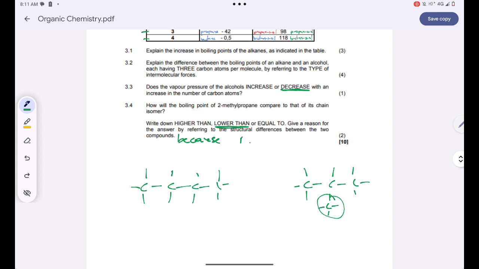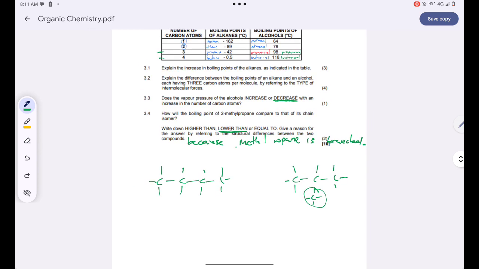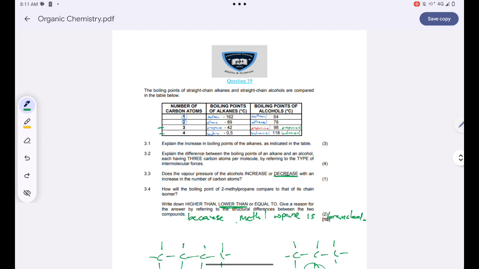Because methyl propane is branched and its isomer has a greater surface area. Yeah, because methyl propane is branched, that's the reason. Or you can say that because methyl propane has lesser surface area. It's up to you. Do not stretch it. It's just as simple as that, no?